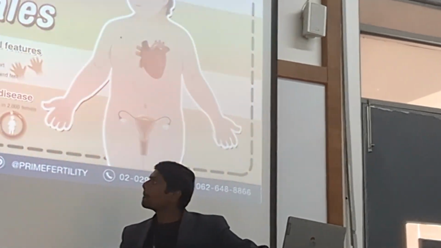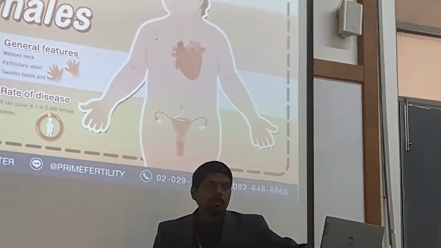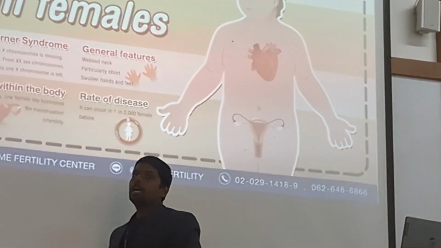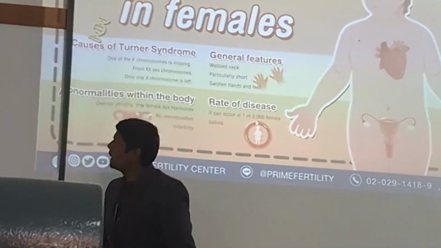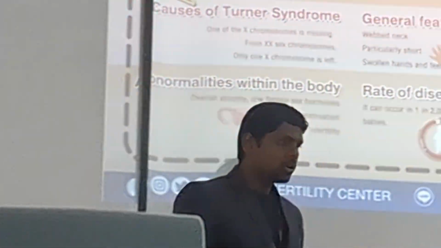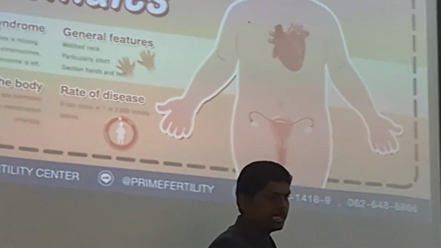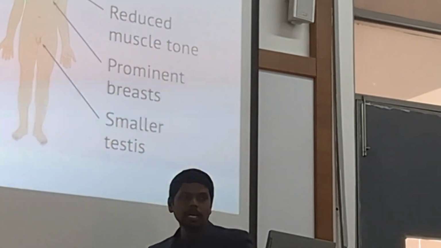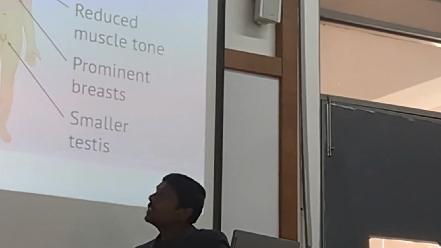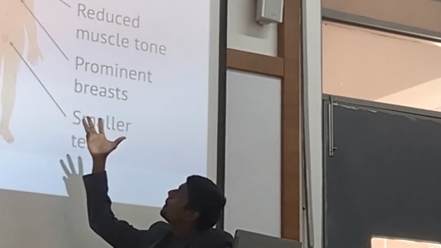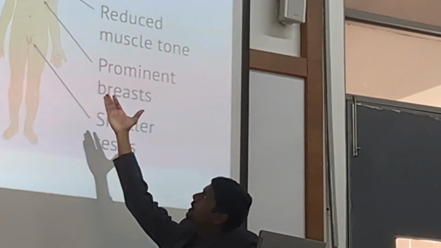The next one, Klinefelter syndrome. So in Klinefelter syndrome, what happens? The male will have one extra X, right? XXY genome. So Klinefelter syndrome is seen in males. Again, in Klinefelter syndrome, the males will start showing a dominance of female characteristics.